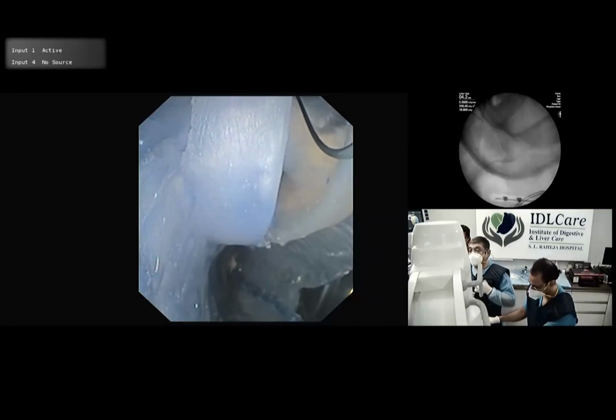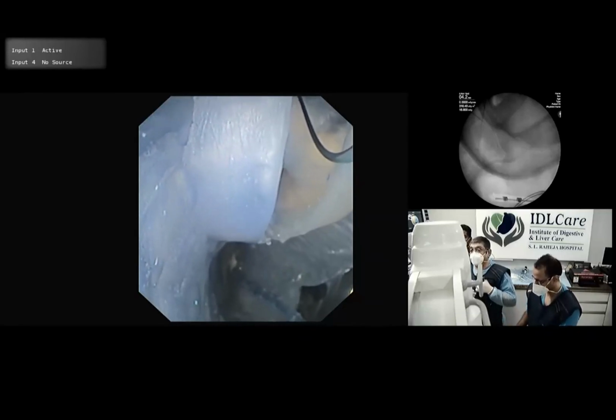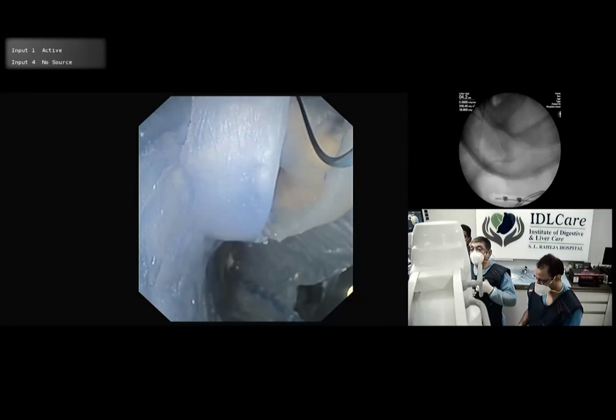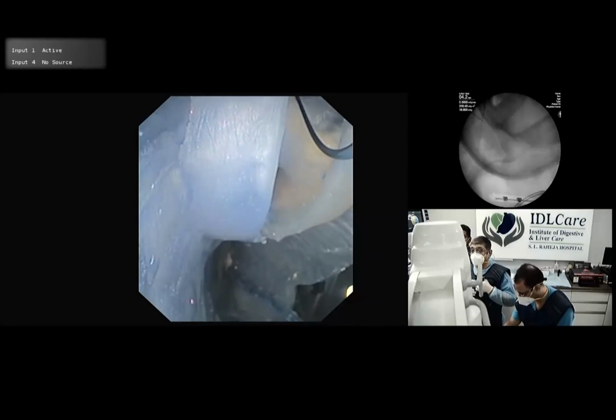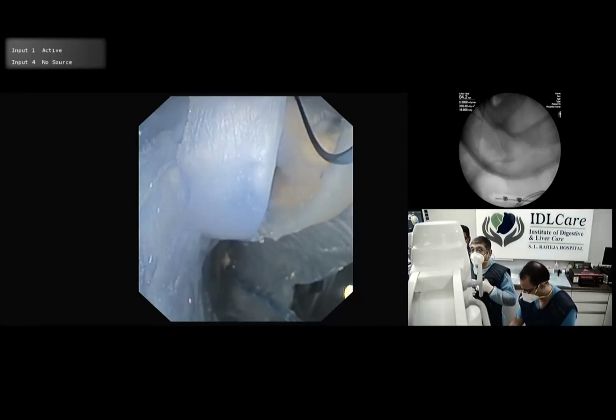You should not have too much tension on the wire. So just go a little bit below the papilla so that the wire comes out smoothly from the papilla, and somebody should feed the wire from the mouth so that we are doing a smooth exchange.